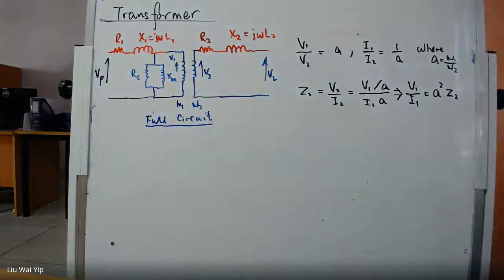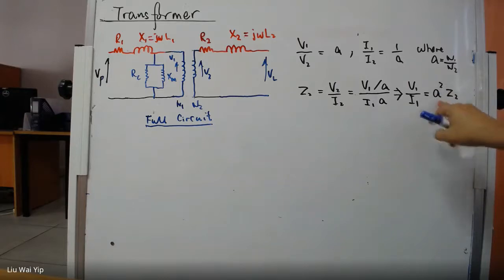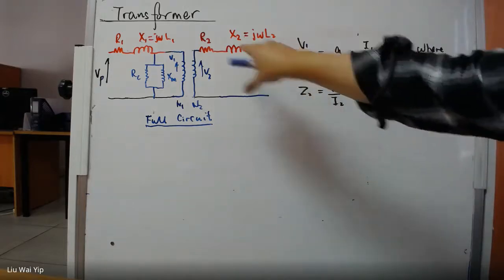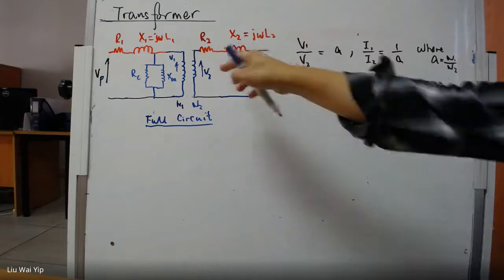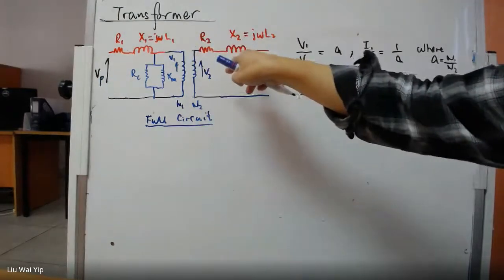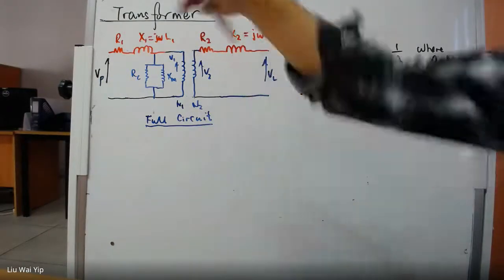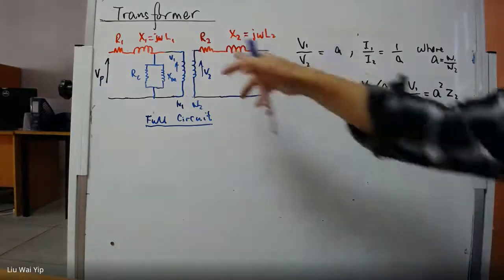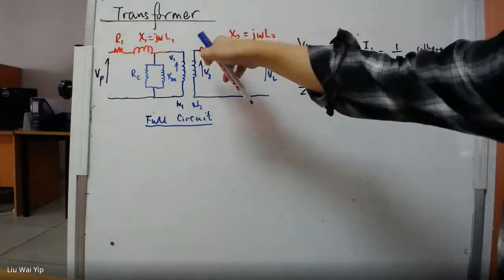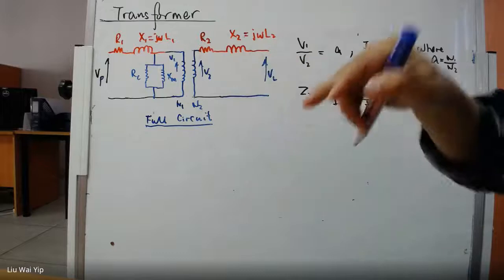Now your job is to analyze the circuit, and one thing you can do is use this technique. We can refer Z2 at the load to the primary. We can easily refer any element on the secondary back to the primary. So in this case, you have R2, X2, and ZL.